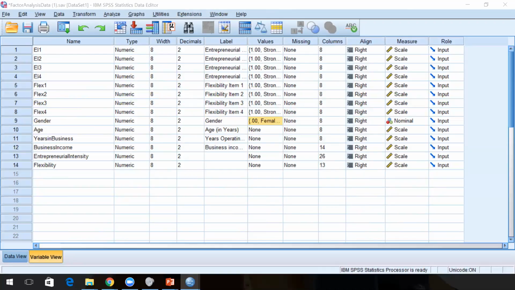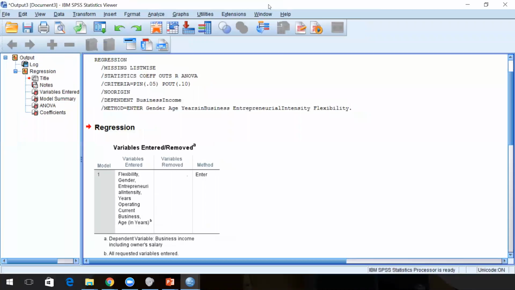If you have multi-question, multi-item measures, it's a starting point. You make sure that those measures are measuring what you think they're measuring. And that's not exactly what factor analysis totally tells you. We look at face validity, we look at the questions to help assess that. The factor analysis does tell us that, yes, there are 2 distinct factors when we look at the flexibility and entrepreneurial intensity questions, which does help us confirm validity in another way.